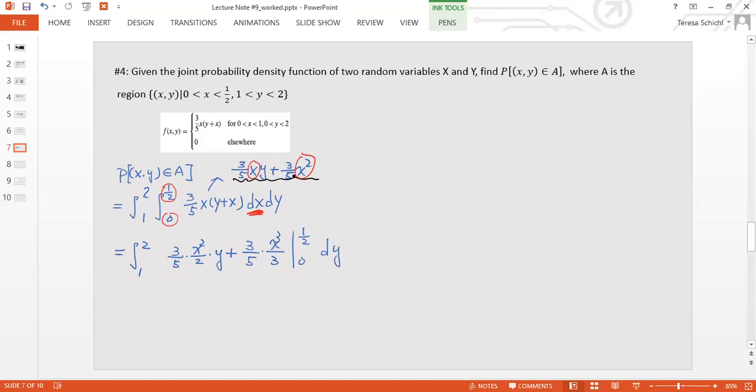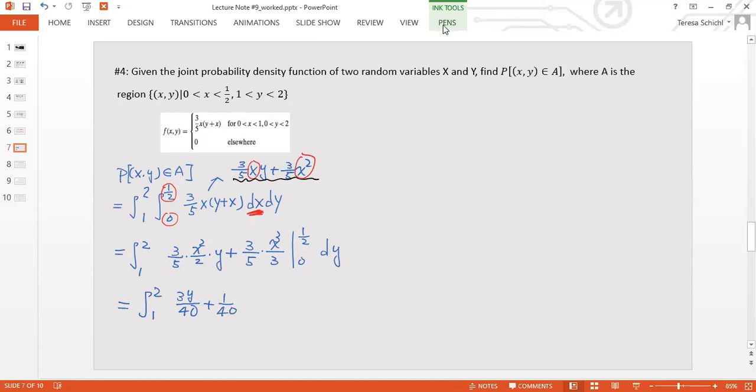Now you substitute the values, and then this will be the algebra. I assume you can do that. I did this: if you put 1/2 into x, this gives you 3y over 40 plus 1 over 40.